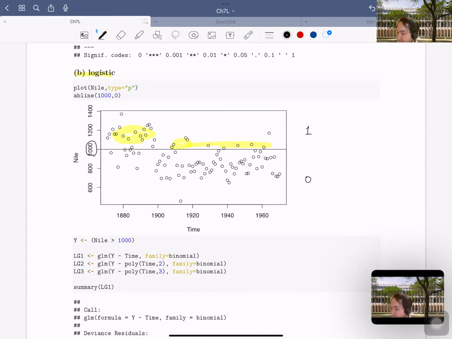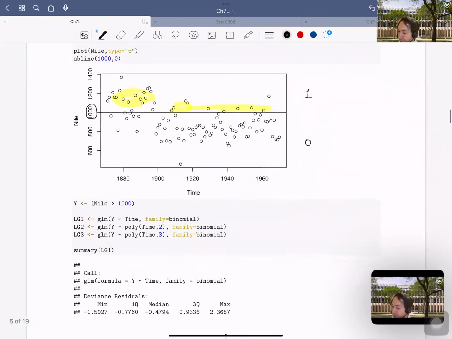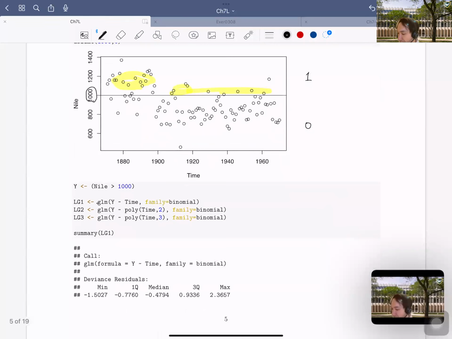Maybe we have the probability... I don't really know. Maybe a linear model works, but I'm not exactly sure. So you can fit y, which is the binary variable.